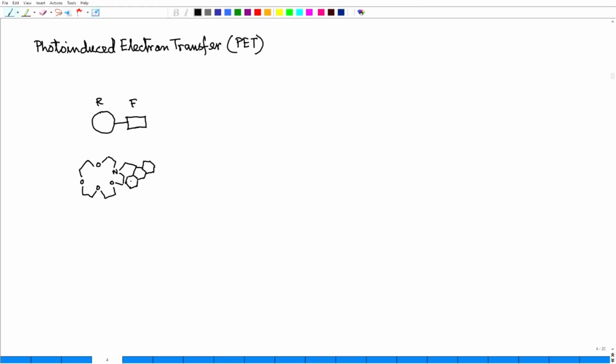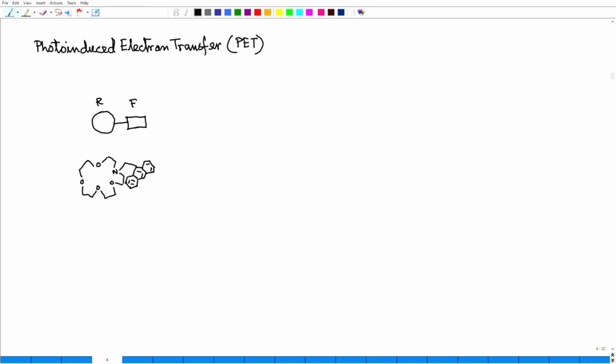So, this is a fluorophore, this is an anthracene.